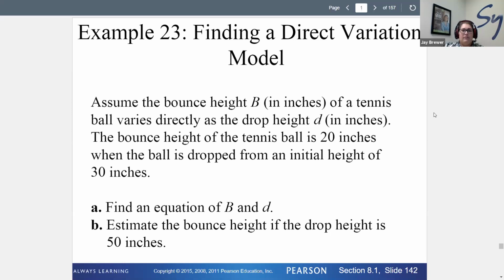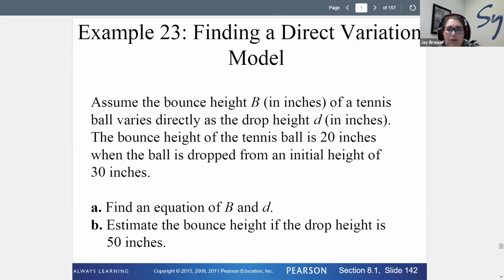The bounce height of the tennis ball is 20 inches when the ball is dropped from an initial height of 30 inches. So the first thing they want us to do is figure out an equation for b and d. Well, if it varies directly, what basic equation are we looking at there?